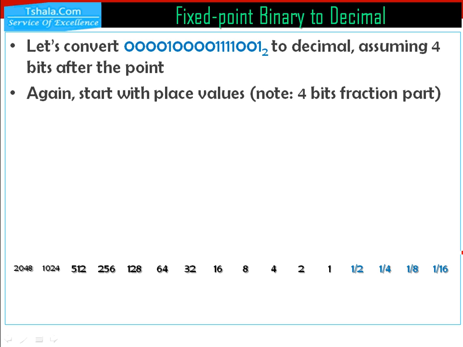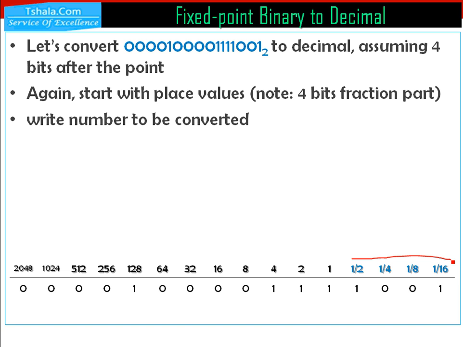We make it clear in every single question, whether it is an exam or you're working with this in a different context, that it will always tell you where the binary point will actually go. In this case, we have a 4-bit fraction part, and the remaining bits on the left are the integer part.